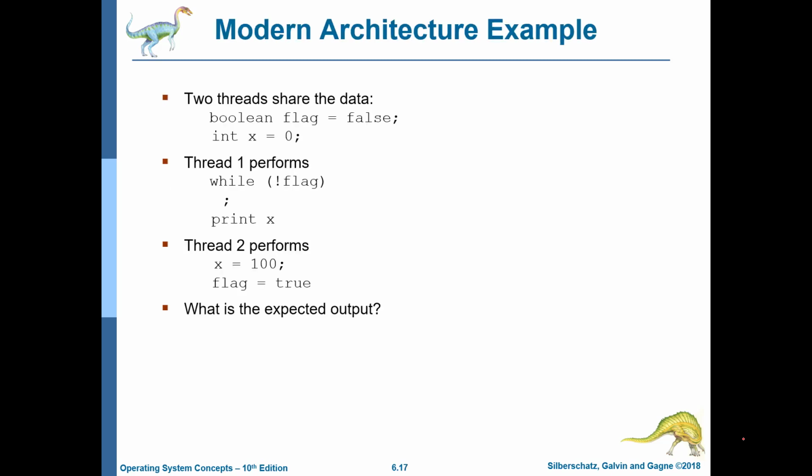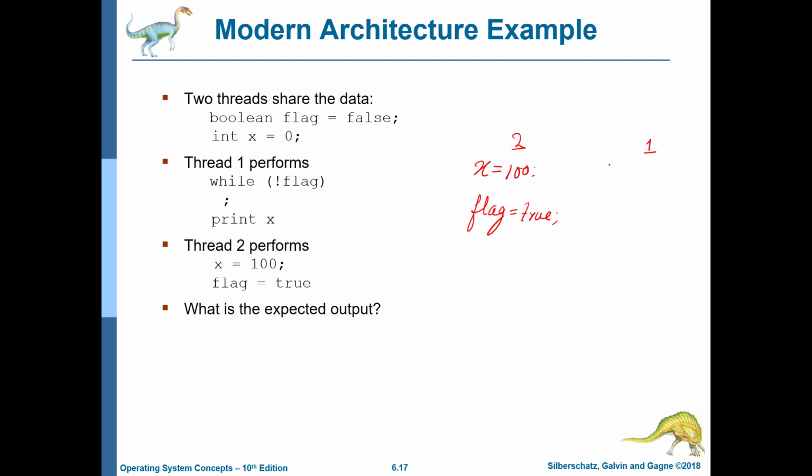What are the issues? See, in modern architecture, the moment two threads share data, let's say one thread writes x equal to 100, then it writes flag equal to true. This is thread 2.